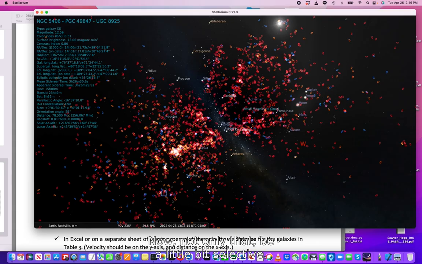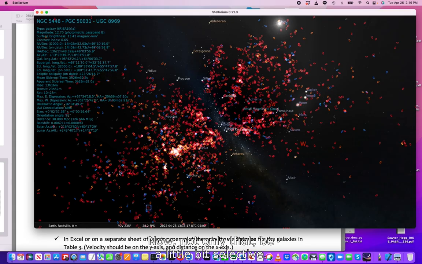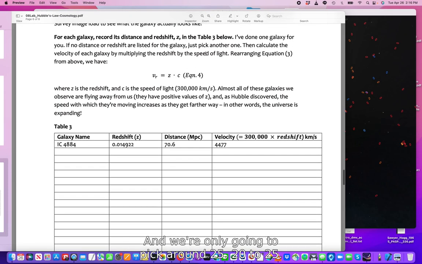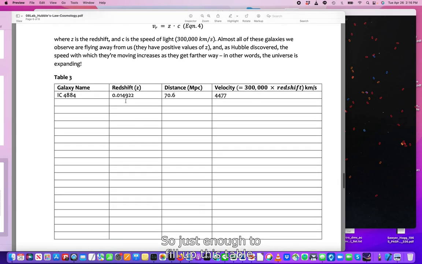Now, not only that, be a little bit selective, because we're not really trying to do real astronomers' work here. A real astronomer will do as many observations as possible. But here we're trying to do a short lab, and we're only going to pick around 20 to 25, right? So just enough to fill out this table.